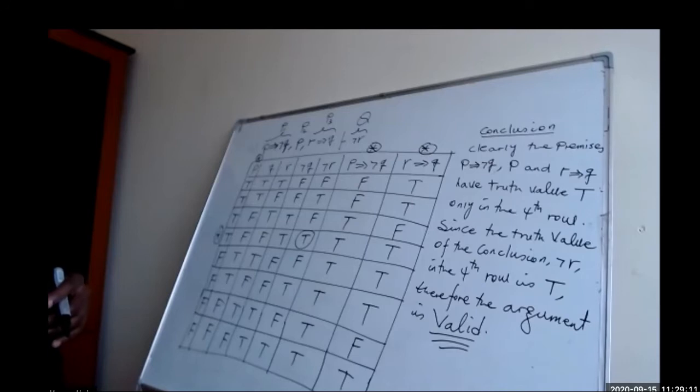You can use again the truth table for the second example.